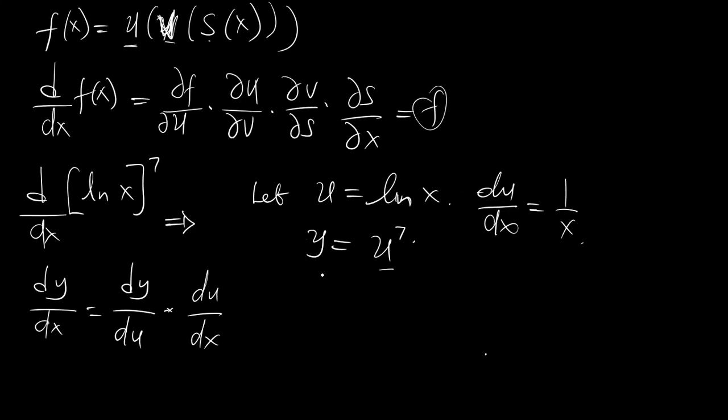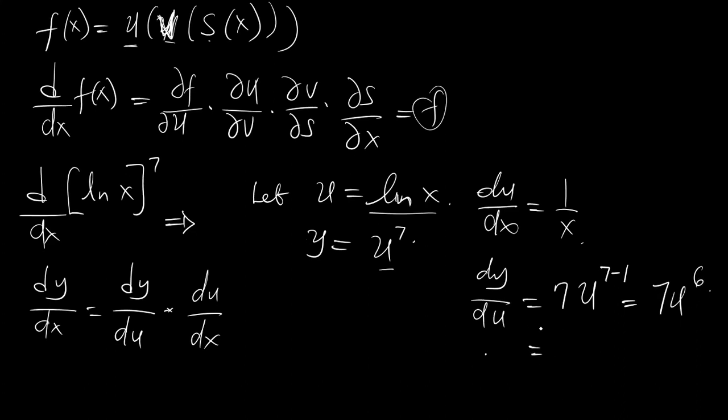The derivative of y with respect to u, using the power rule, will be 7u raised to power 7 minus 1, which is the same thing as 7u raised to power 6. Since u is equal to ln x, we substitute it here because everything should be in terms of x.